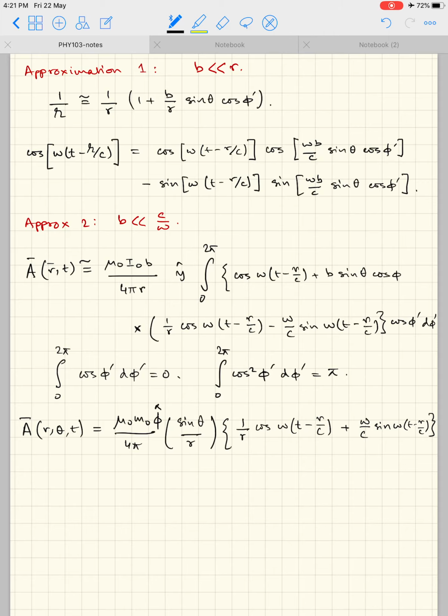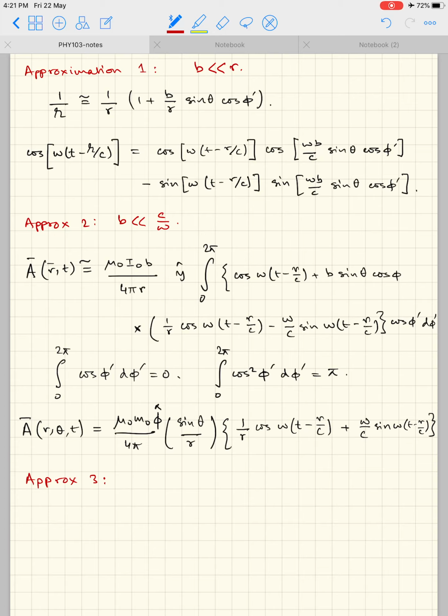Now you'd remember a third approximation that is going to the radiation zone, approximation 3. Okay, so firstly, one thing to check off the list is when we look at the static limit, that is omega equal to 0, this term just drops.